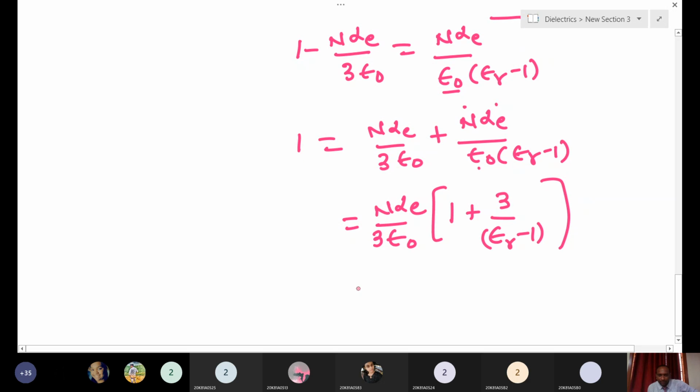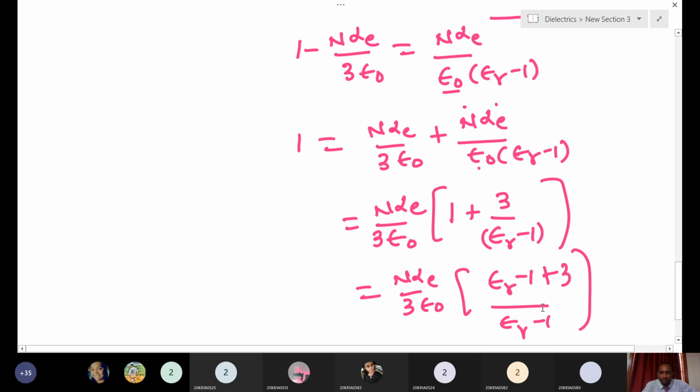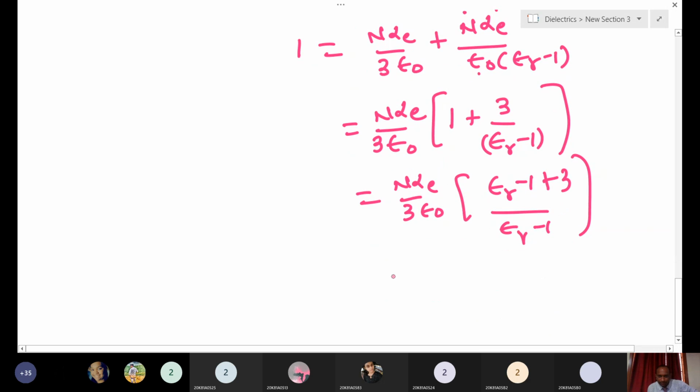We will again simply rewrite or simplify this expression: epsilon r minus 1 plus 3 by epsilon r minus 1. After this, what will we get? N alpha e by 3 epsilon naught, times epsilon r plus 2 by epsilon r minus 1.